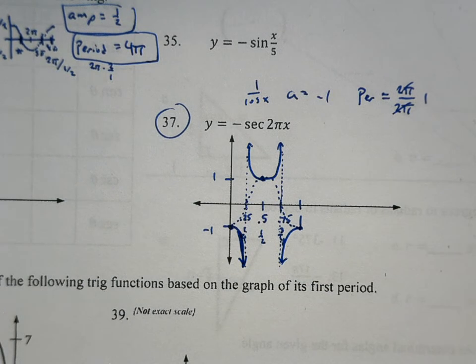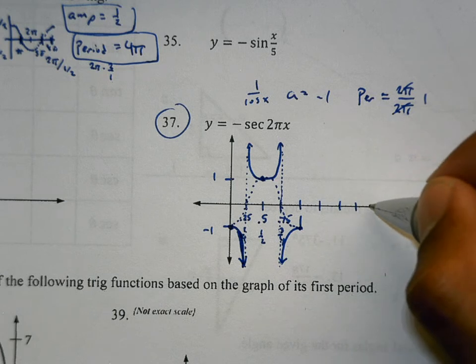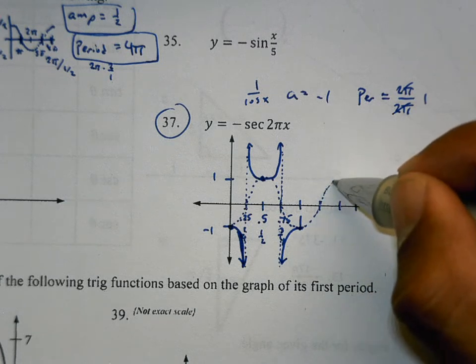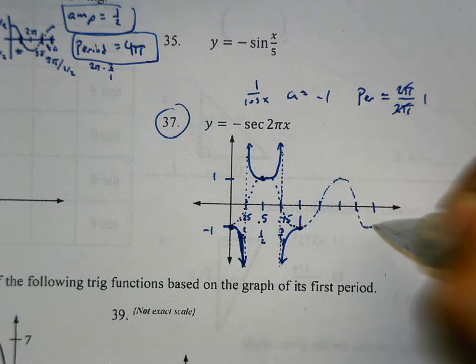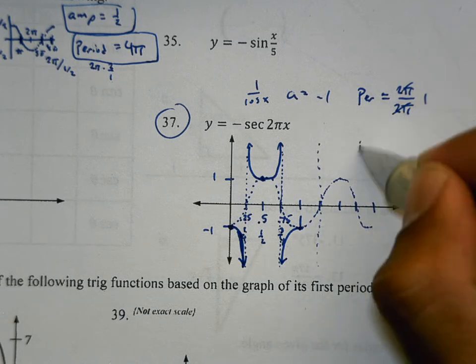Well, it says sketch 2 periods. 1, 2, 3, 4. Let's continue this graph. Here's my second period. Here's another asymptote. Here's another asymptote.